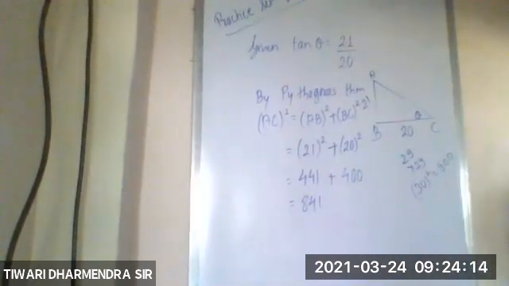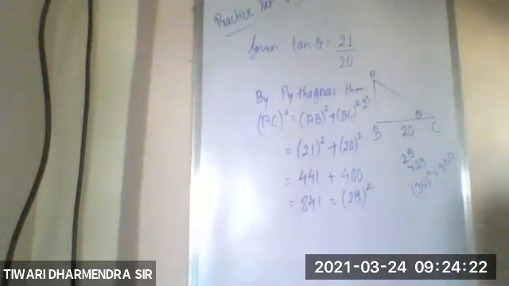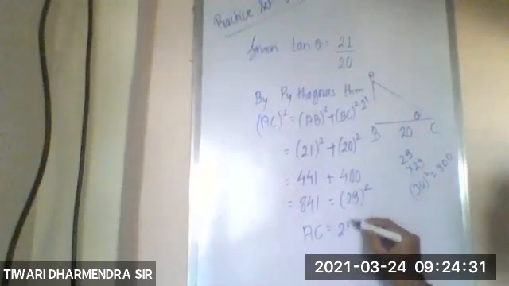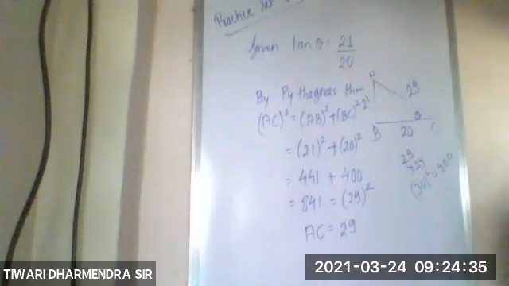We can try 29 into 29, and we will see that 29 into 29 is 841. So I can write this as 29 square. Okay, so taking square root on both sides, we got AC as 29. So right here, 29.